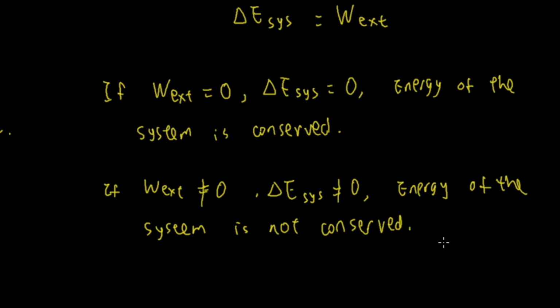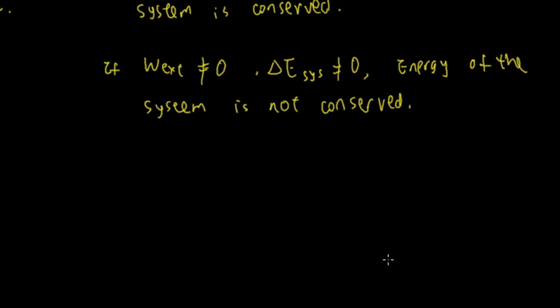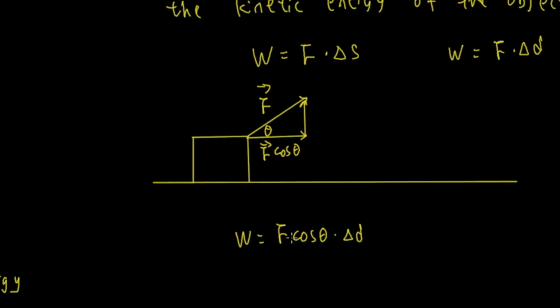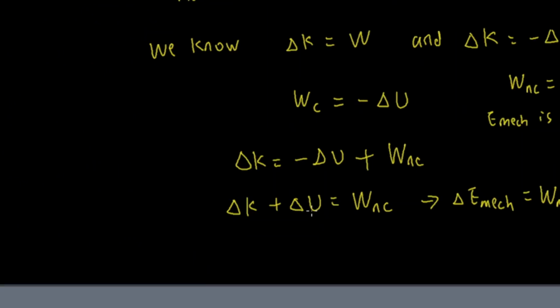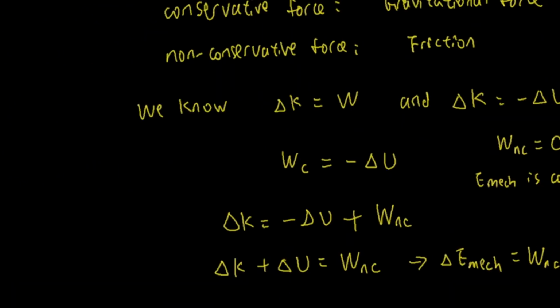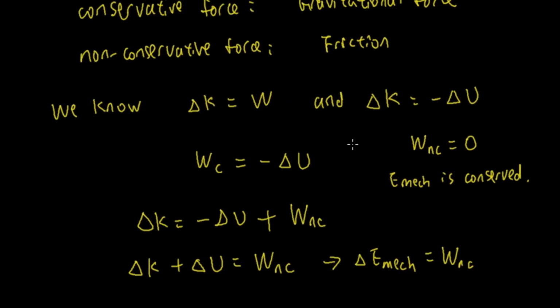Okay, now I just want to summarize a little bit. Earlier when we talked about this, the mechanical energy is the kinetic energy plus the potential energy. So the change in mechanical energy is the change in potential energy plus the change in kinetic energy.